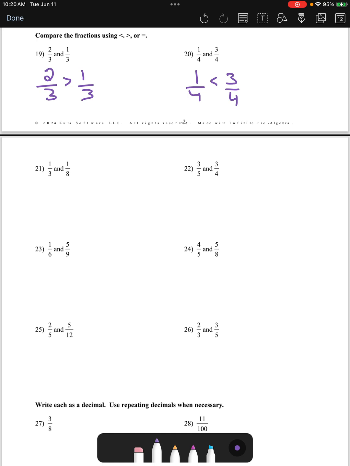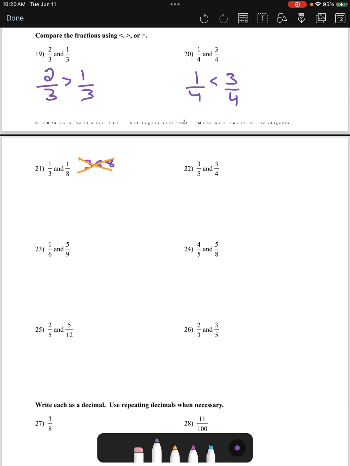In numbers 21 and 22, you'll notice the numerators are the same, but the denominators are different. So now what happens? We have 1/3 being compared to 1/8. Well, in this instance, your thinking needs to be reversed.